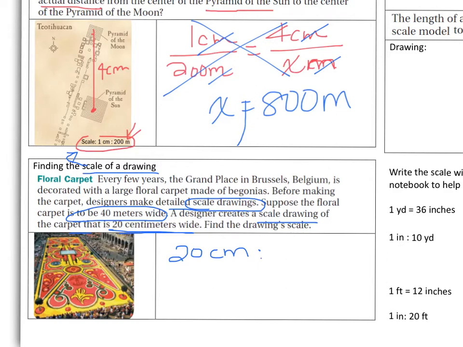But in reality, the actual width would be 40 meters wide. And then here it asks you to find the drawing's scale. So we need to simplify here. 1 centimeter to 2 meters will be your drawing's scale.